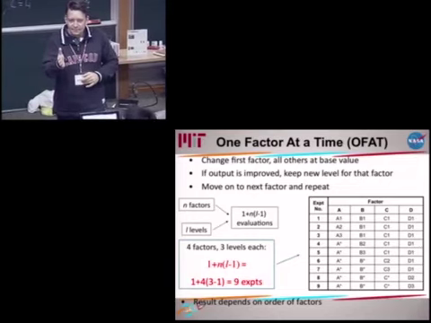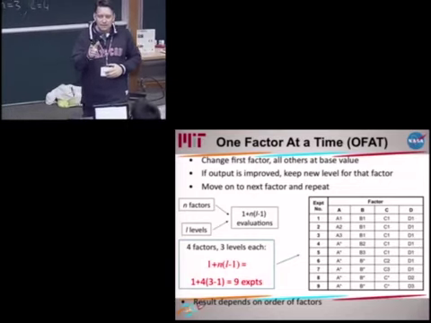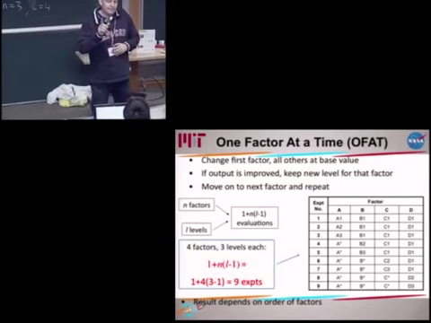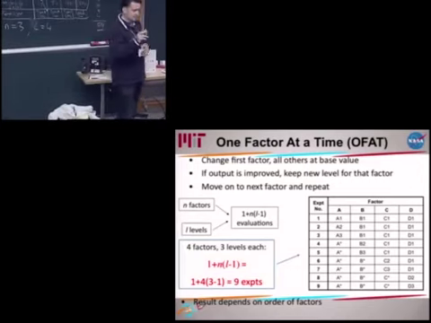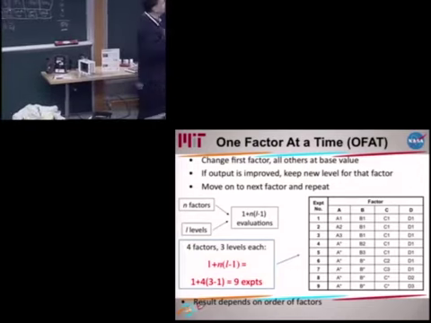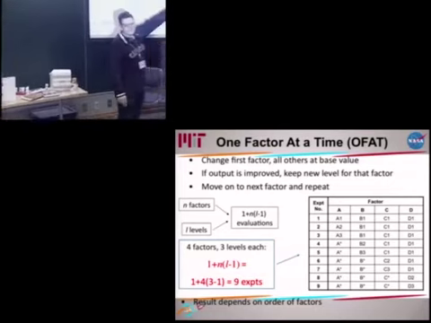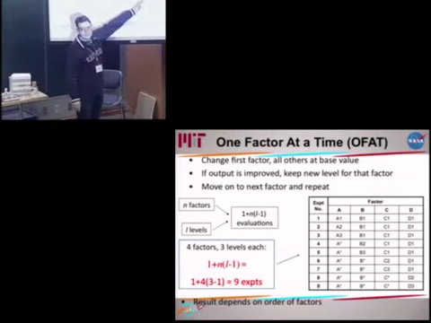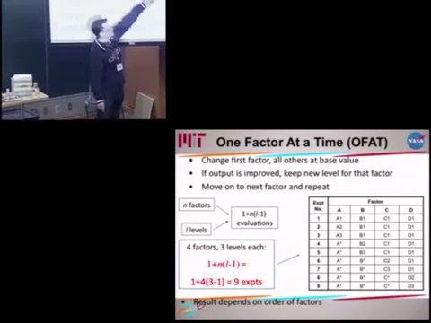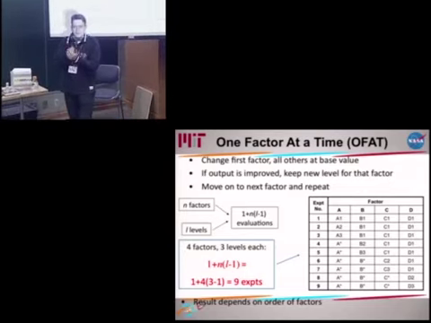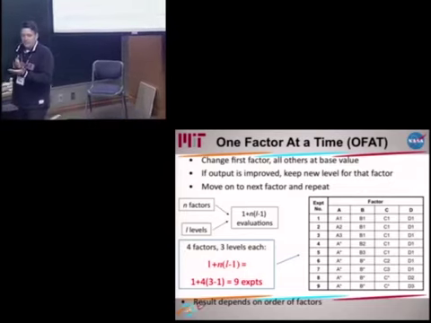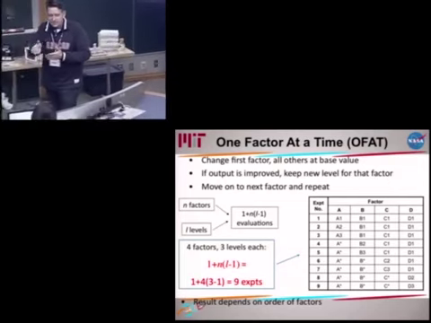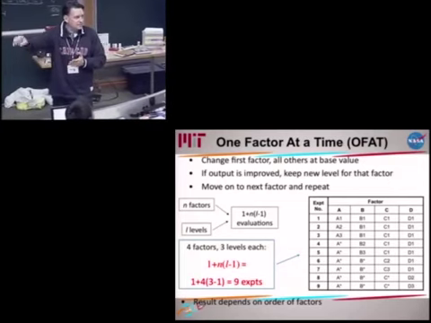B on its own might be better than the best A plus. Yeah. So I think you're close. The starting point, right? Here you're starting with A1, B1, C1, D1. That's your starting point, right? And so depending on what your starting point is, you're going to take a certain path through the design space.